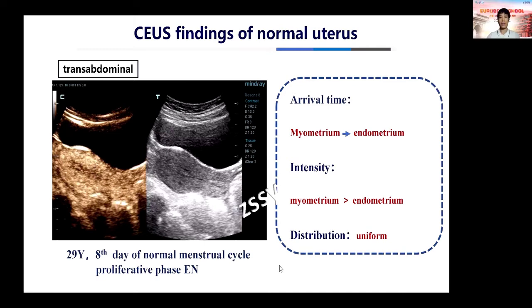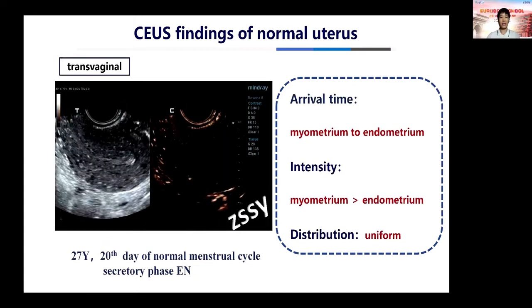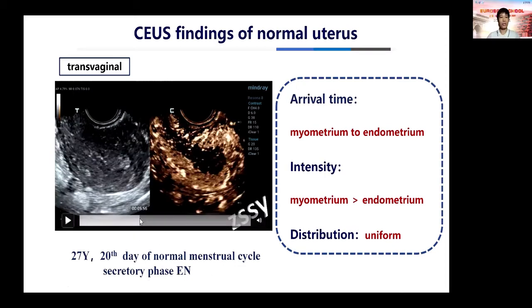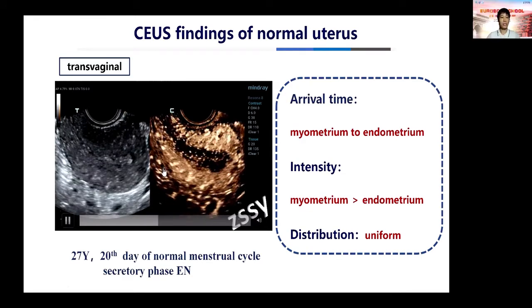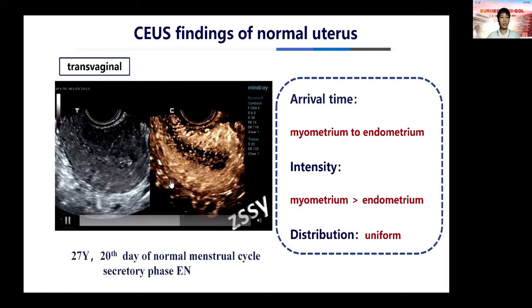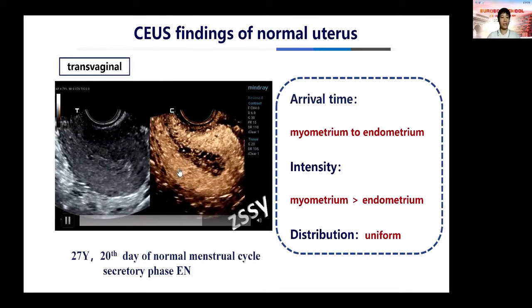The next case is a 27-year-old woman, the 20th day of normal menstrual cycle, with secretory phase of endometrium. The image shows the same enhancement mode with the last one.